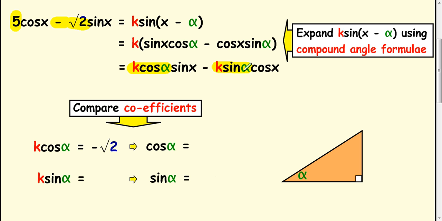So k sin alpha has to be negative 5, so that takeaway, if you like, changes it all to a plus to make a positive 5 up here. So that bit there has to be negative 5. I would practice this if you're not sure of that. Find some examples like that and practice it until you're confident.